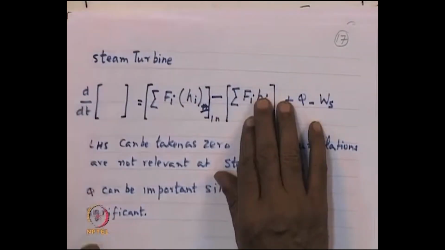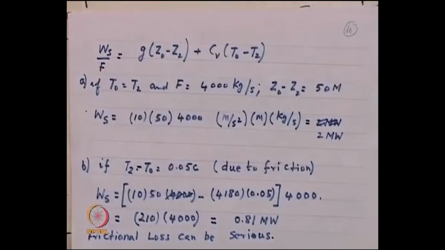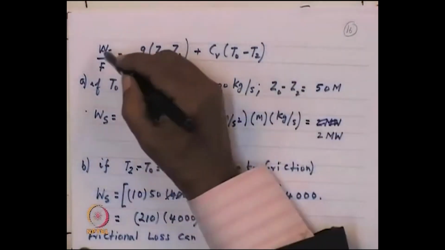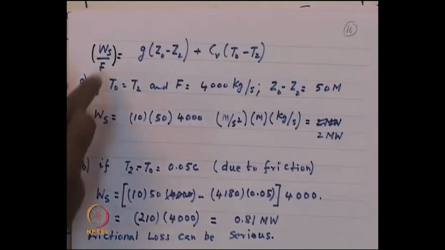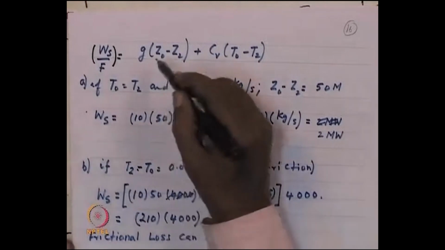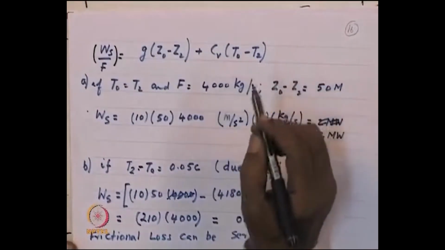It is fairly straightforward, because simply by replacing these terms with terms that we know, we will find that W s by F, which is the energy that is produced divided by the throughput of fluids, is given by gravity plus this term. Okay.